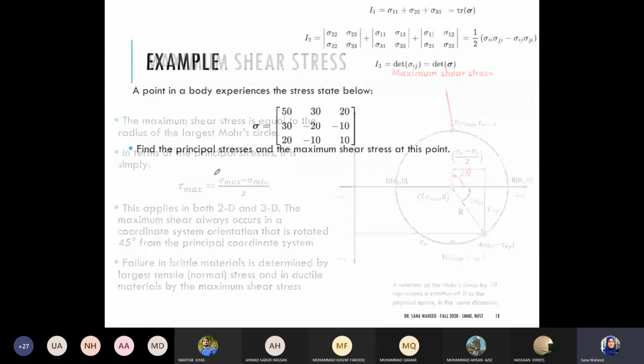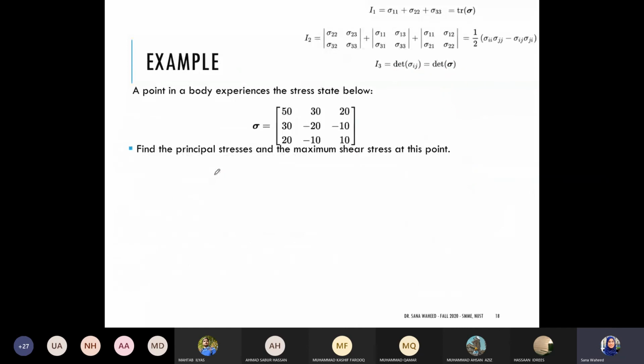Right. So let's look at an example where we're going to use this technique, so that by transformation of stresses we can find what our normal stresses and shear stresses are at different points, and also find the maximum and minimum of the normal and shear stress. Just 2 minutes more.